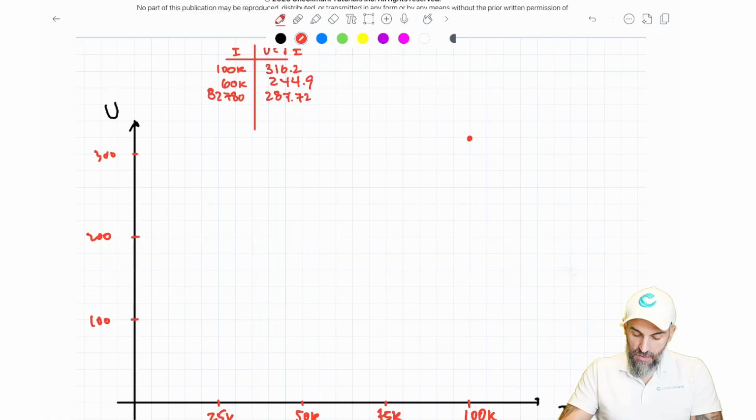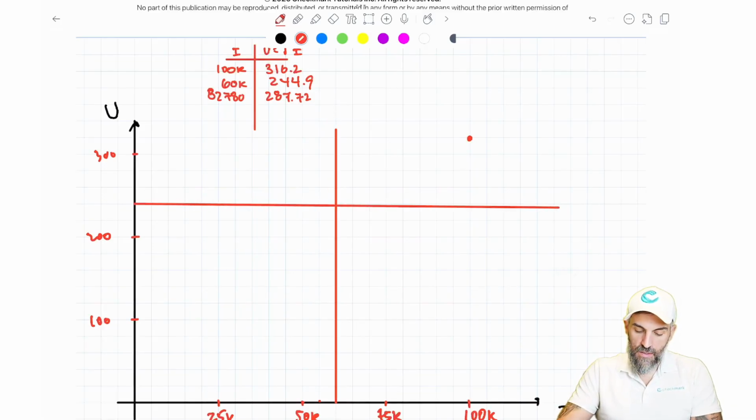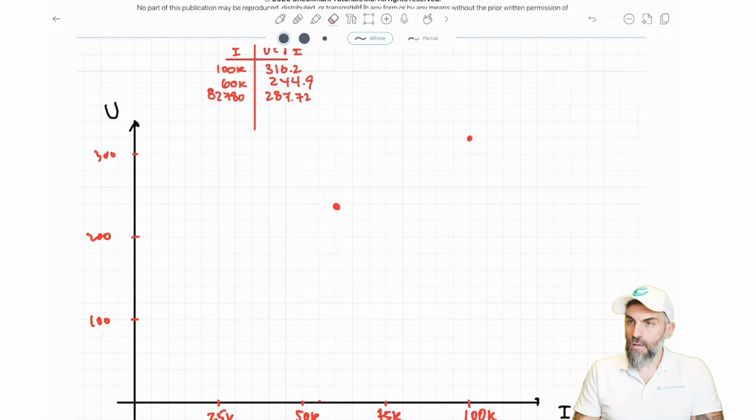At 60,000, which, if this is 50, 55, 60, is on this line, his utility is 244, which would be roughly on this line. At 82,780, so 82,000, 70, 80 is about there.